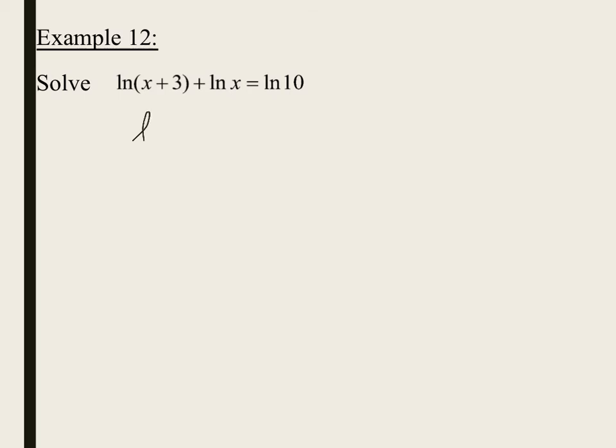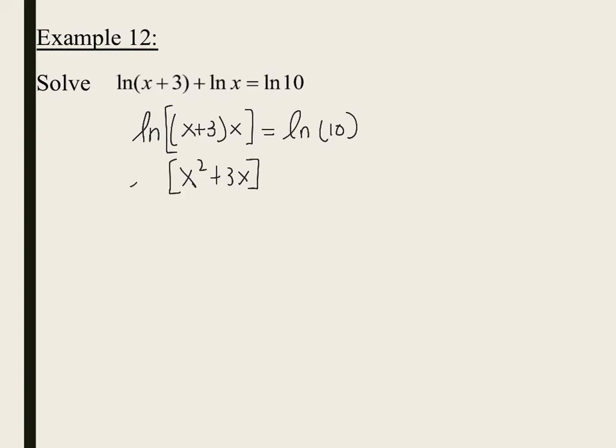So it's the log of x plus 3 times x is equal to the log 10. And now we have x squared plus 3x is equal to the log of 10.